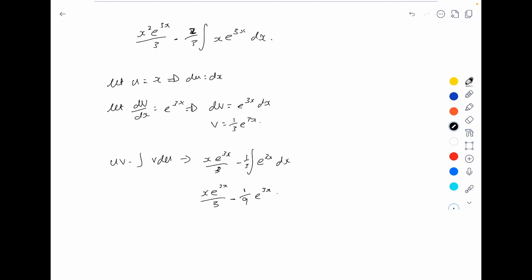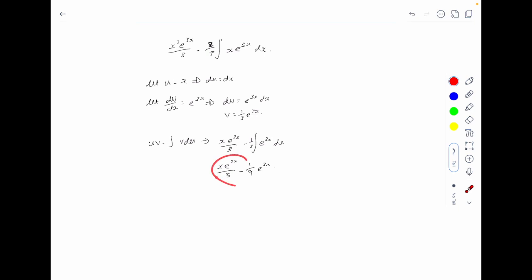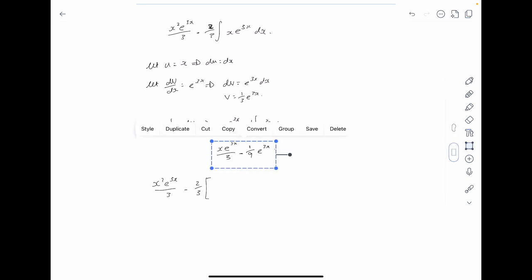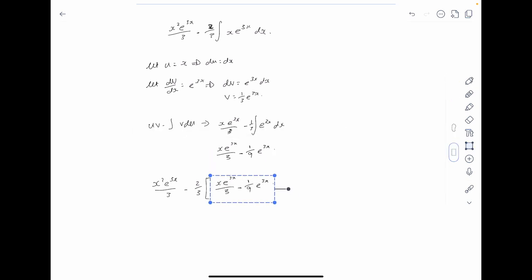So where do we take it from here? This here is going to equal this integral. So what we've got is x squared e to the 3x over 3 minus 2 over 3. Copy this, paste it here.